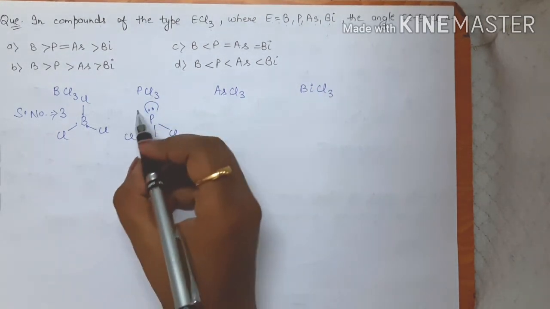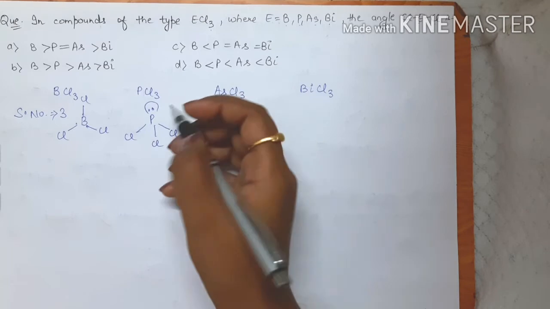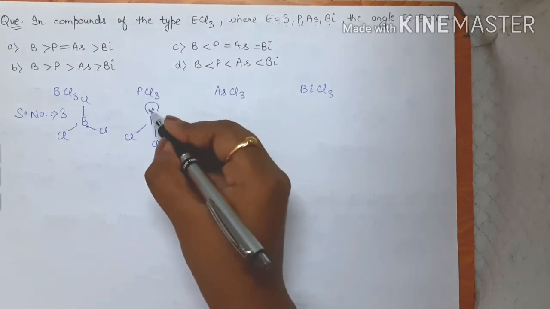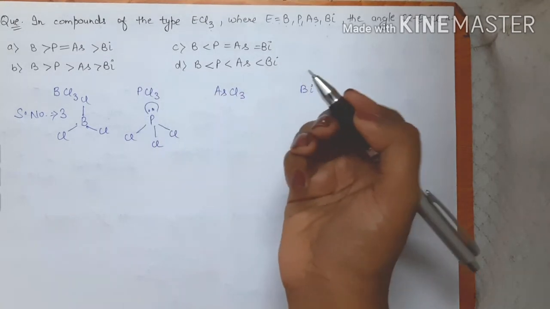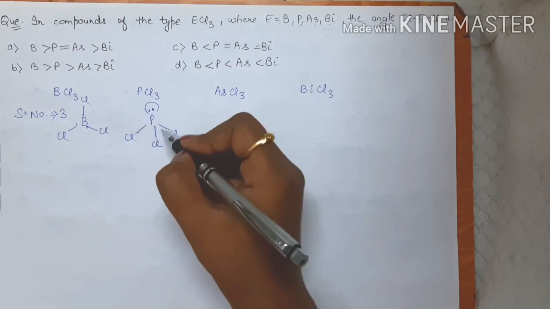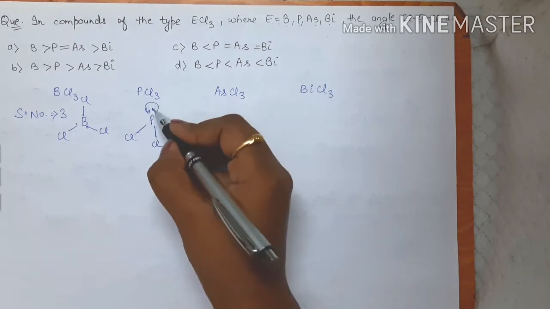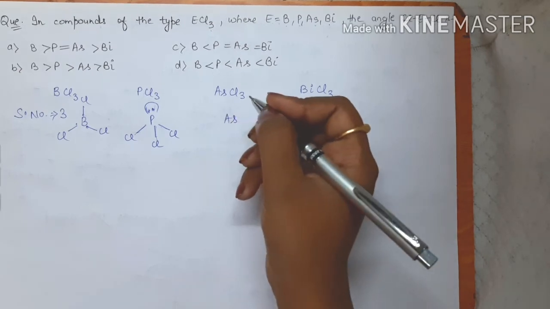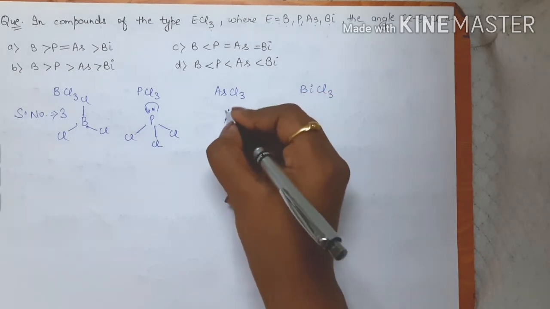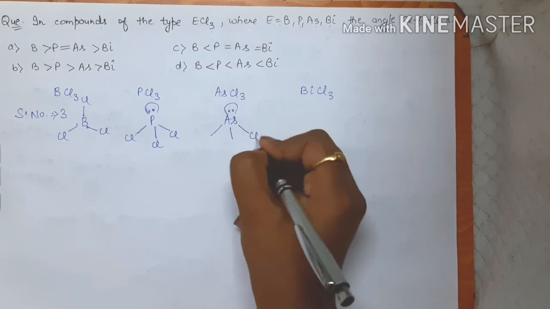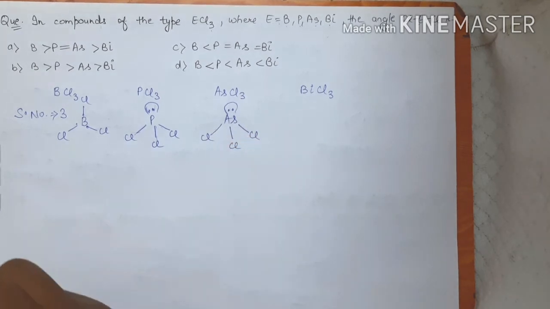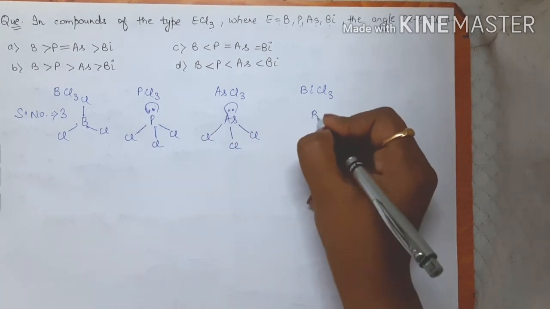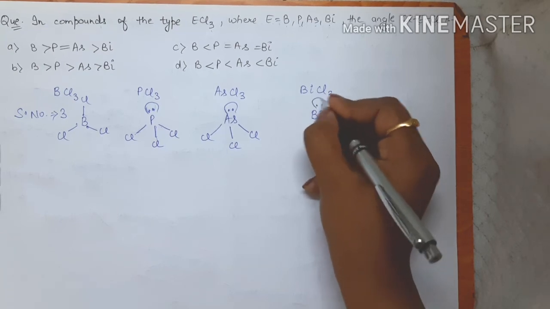Phosphorus belongs to the nitrogen family, so just like nitrogen, it has 5 electrons in the valence shell, out of which 3 are used for bonding and 2 remain as a lone pair. Arsenic also belongs to the nitrogen family, so it also has 1 lone pair along with 3 Cl attached like this. In case of bismuth also, it will be like this.